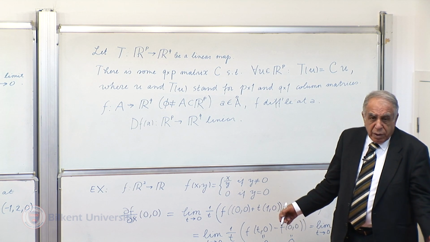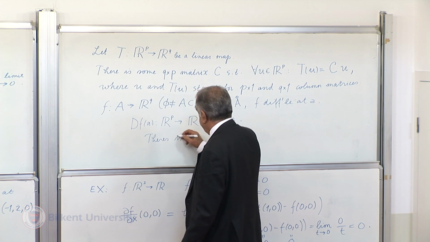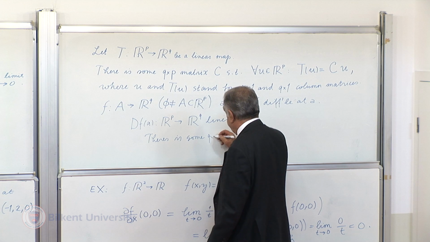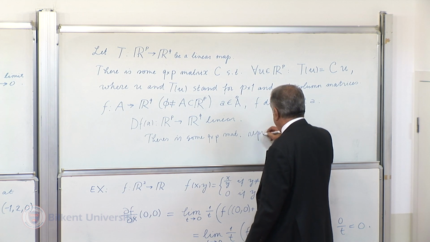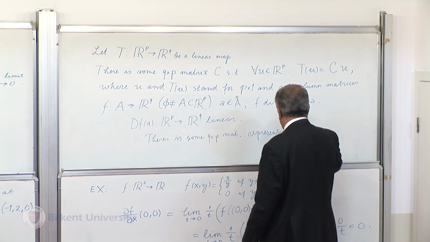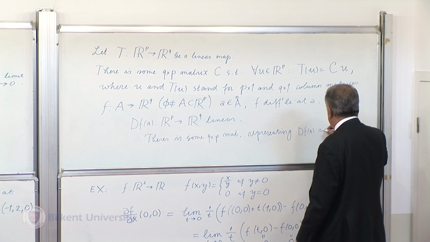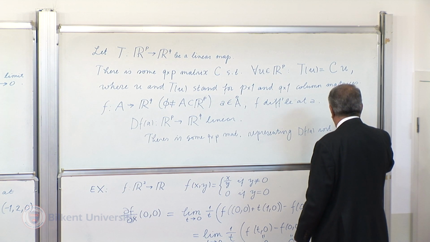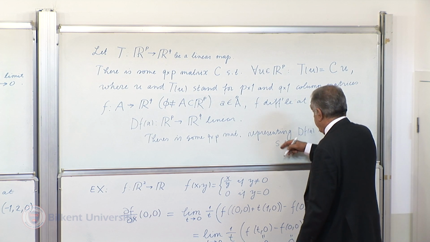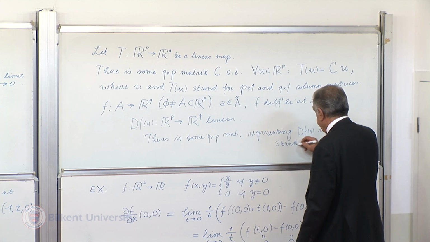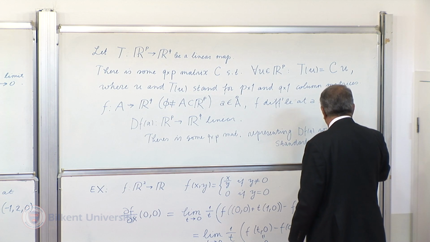So there is also some q by p matrix as above, representing df_a with respect to the standard bases of Rp and Rq.